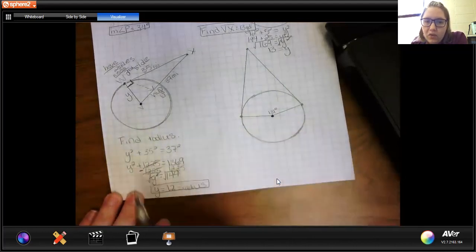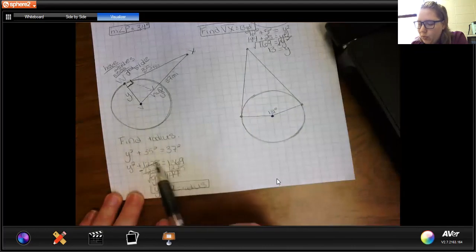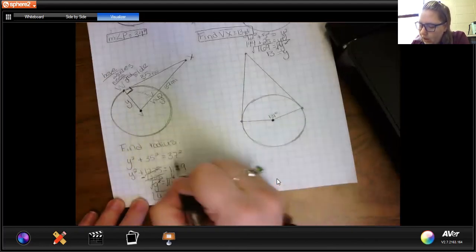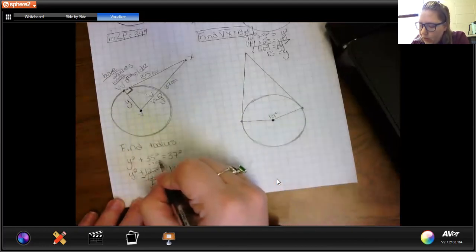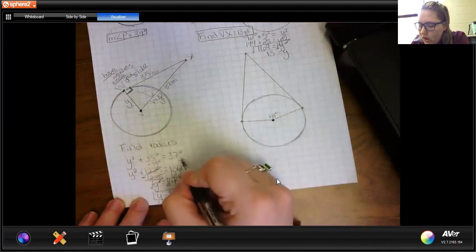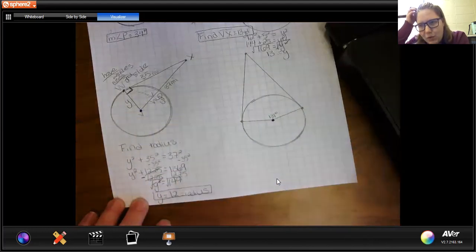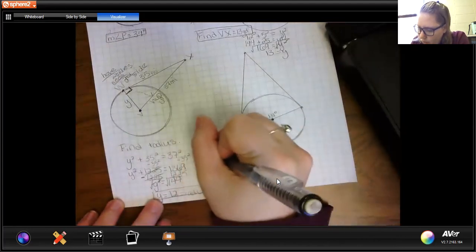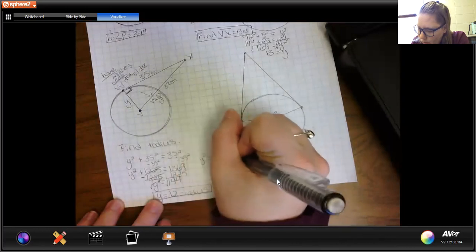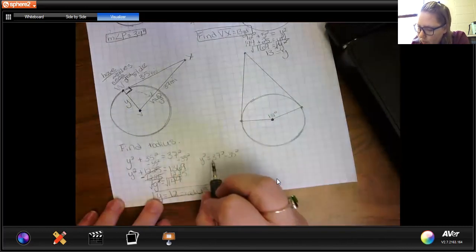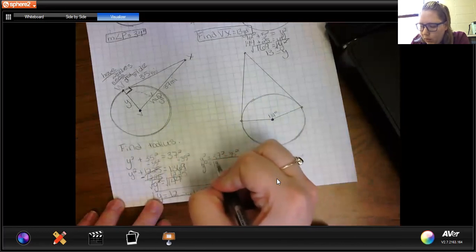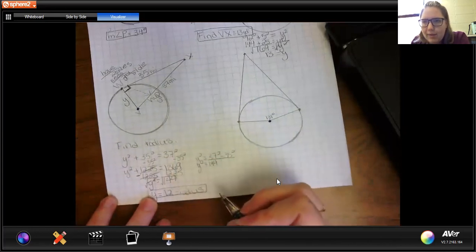If you're solving for a leg, you're going to end up subtracting. If you wanted to subtract before you did the square, that's completely reasonable. From up here, you could have subtracted 35 squared. You didn't know what 35 squared was, but if you plugged y squared equals 37 squared minus 35 squared into a calculator, it would have told you that y squared equals 144, and then you only had one step left.